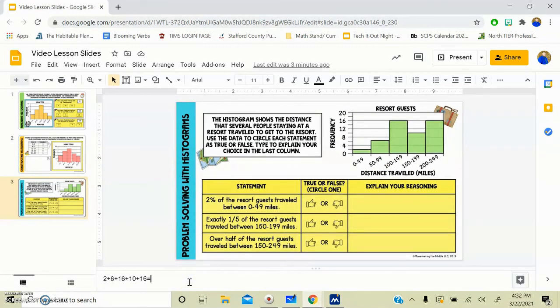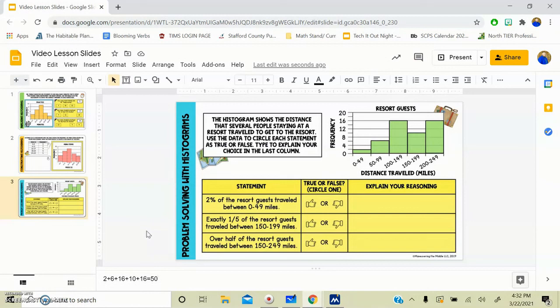So now I'm going to do 2 plus 6, which gives me 8. Then plus 16 gives me 24. Plus 10 gives me 34. Plus 16 gives me 50. So there are 50 resort guests that got surveyed for this.